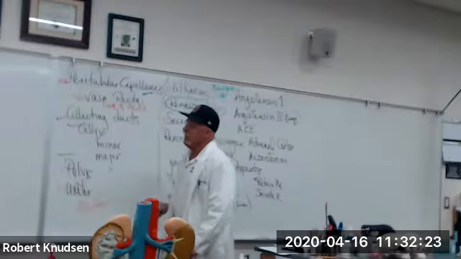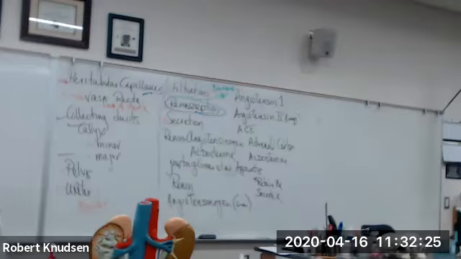Okay? And I gave you some percentages. Here we go. In the proximal convoluted tubule, 65% of filtrate is reabsorbed. We pick up another 15–20% in the loop of Henle.